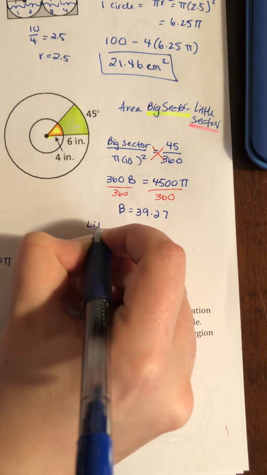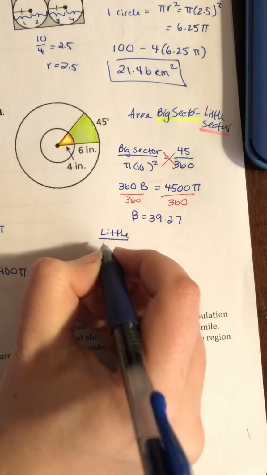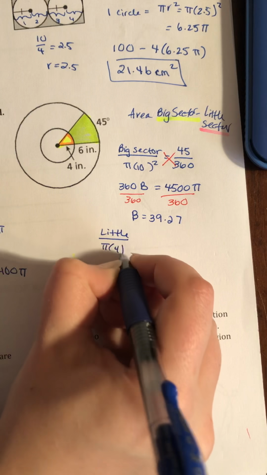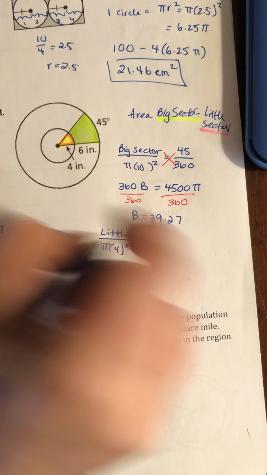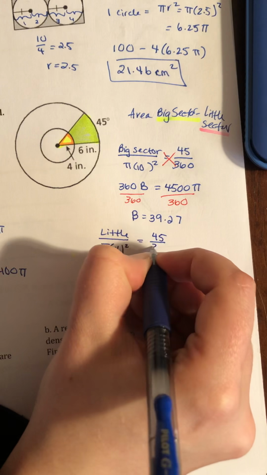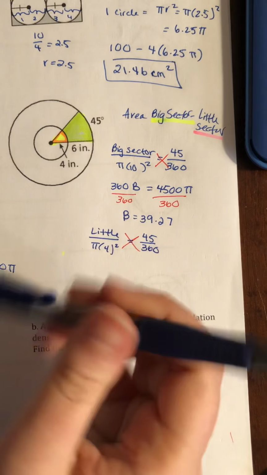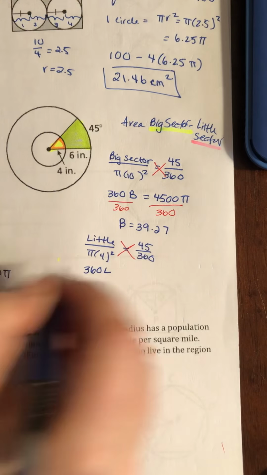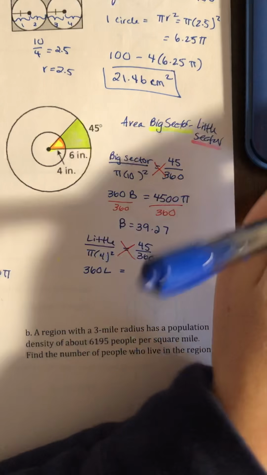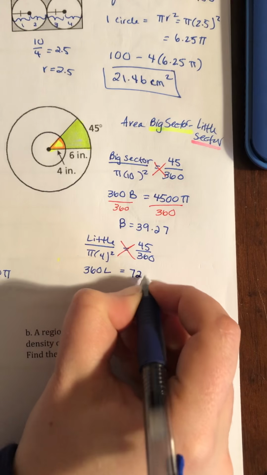Now the little one, it's over the smaller circle, so over pi r squared, 4 squared. It's still 45 degrees, so that doesn't change. So I'm going to get 360 L is, what's 16 times 45? 720 pi.